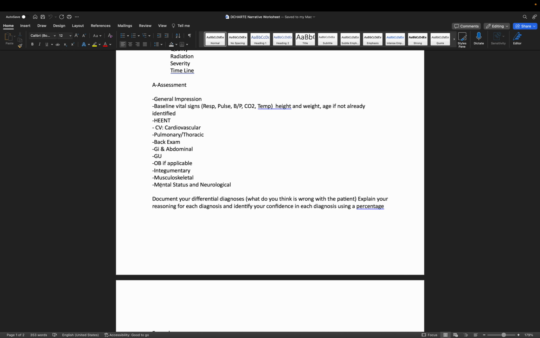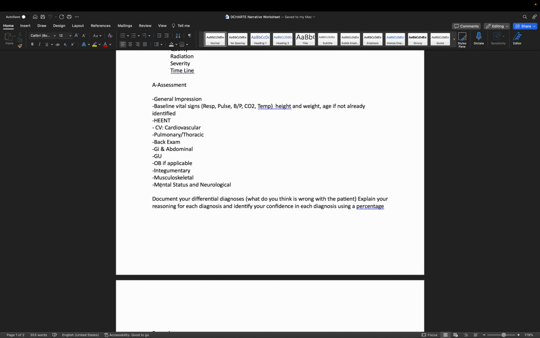And at least you have a good baseline, and then you can use whatever paradigm is used at the service you end up working for, but at least you have developed a good baseline and you understand how to perform and how to document a good patient assessment.